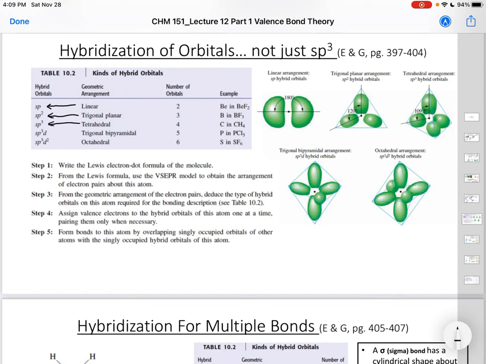And of course, there are two others: trigonal bipyramidal is sp3d, and octahedral is sp3d2. Obviously, d and d2 just means that in addition to the 3 p orbitals, we're also going to include in our hybridization 1 d or 2 d, depending on if you have trigonal bipyramidal or octahedral.